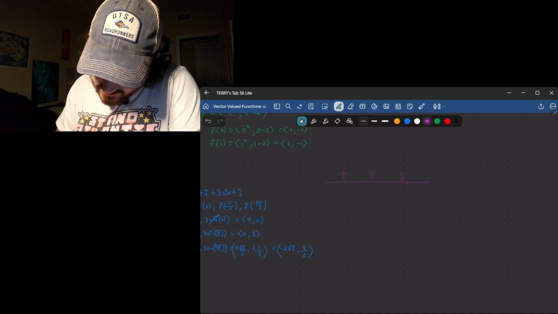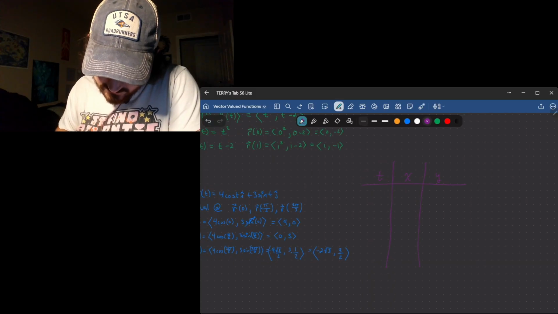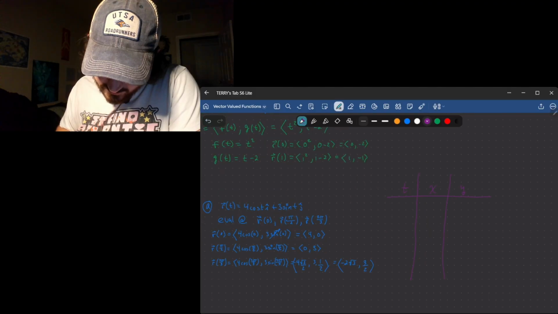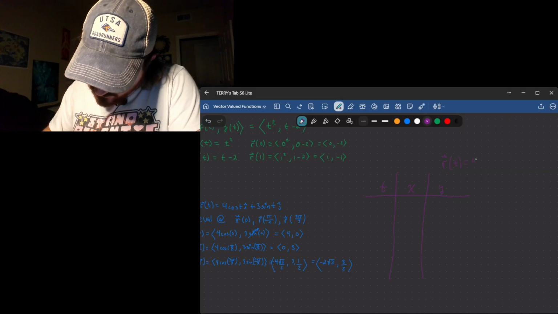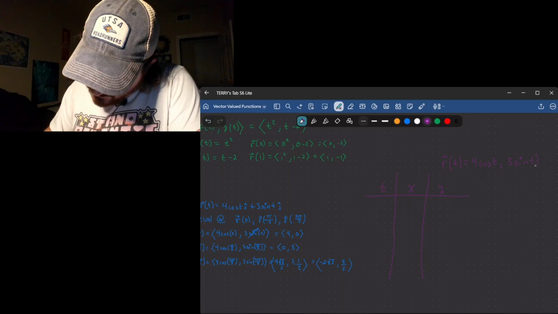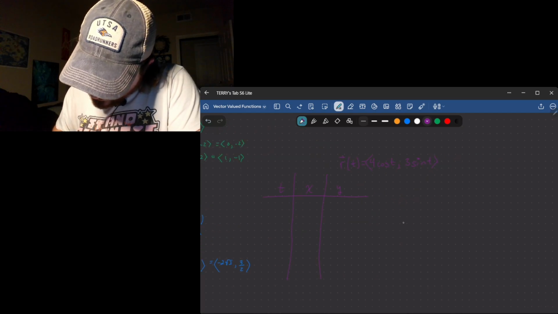Okay, those are the things I need to find based on this vector valued function we were given, which I'll rewrite right here. So we're going to have r of t is equal to ⟨4 cosine of t, 3 sine of t⟩. And it's a vector, not parentheses, angle brackets. Okay, and the other thing we're going to want to do is we're going to graph this, just for funsies.